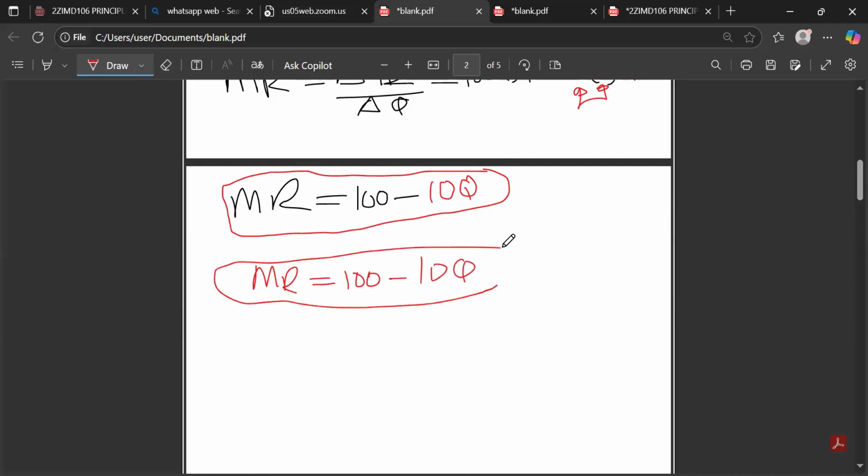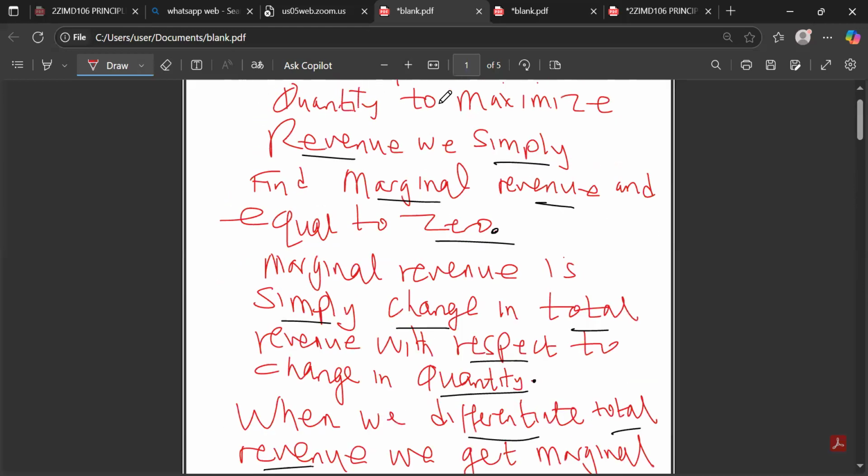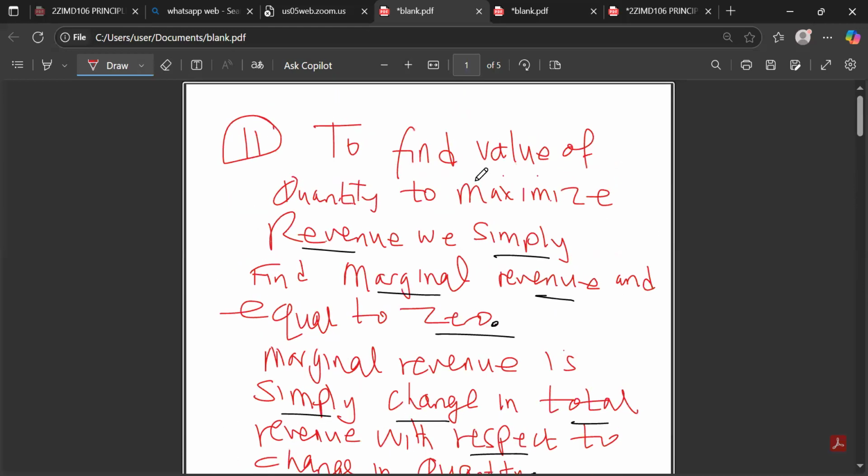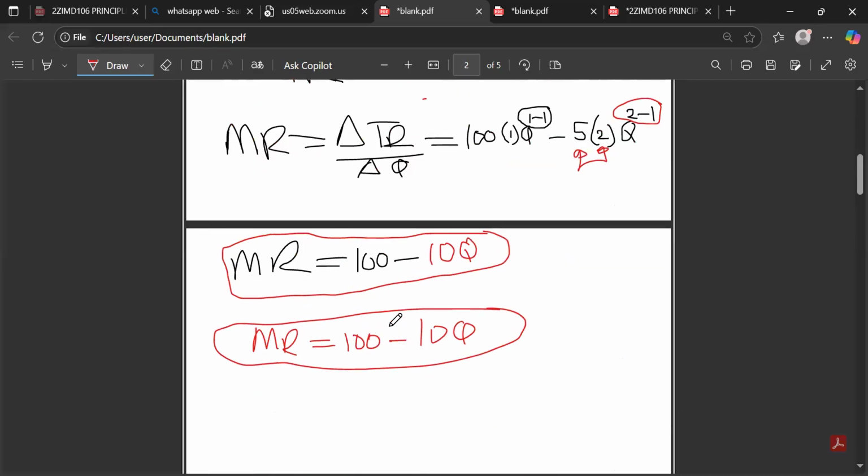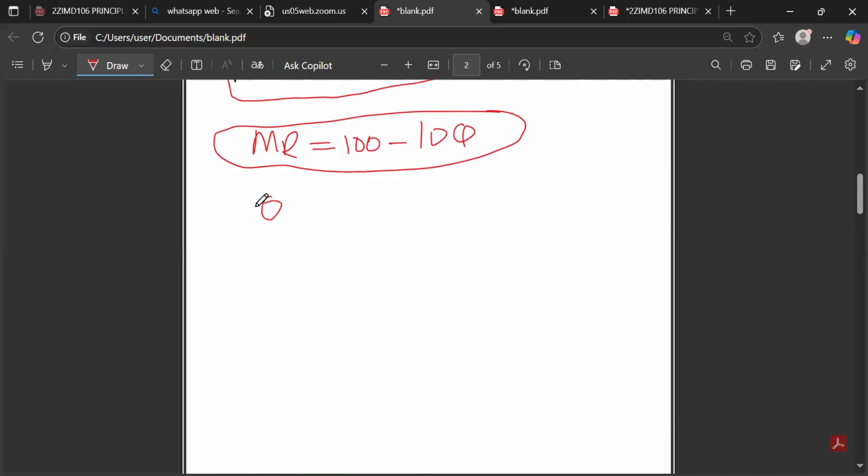All right. So I mentioned that to find the value of quantity to maximize revenue, we simplify marginal revenue and equate to 0. So where there is marginal revenue, you just say 0 is equal to 100 minus 10Q.